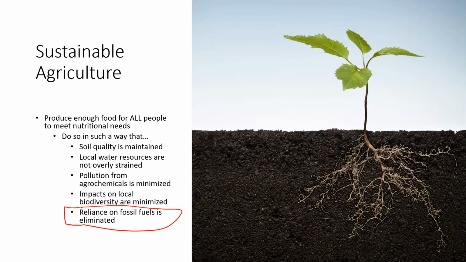We have diesel machinery that comes in to harvest, and then we have to package, ship, and transport that food all over the country. We also use fossil fuel energy to convert atmospheric nitrogen into nitrogen-based chemical fertilizers. This is a big hurdle to get over, and it's probably better discussed in Unit 6 when we talk about energy. But we're going to talk about the rest of these.